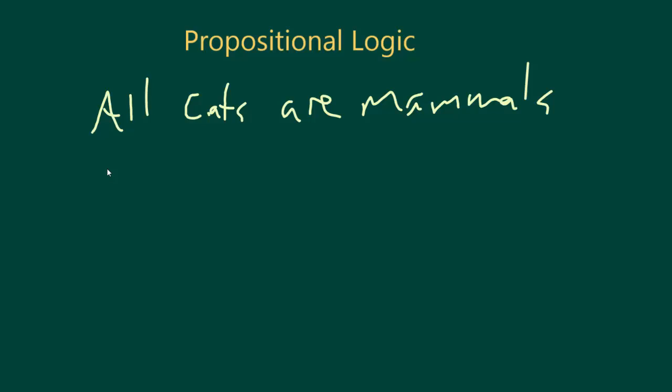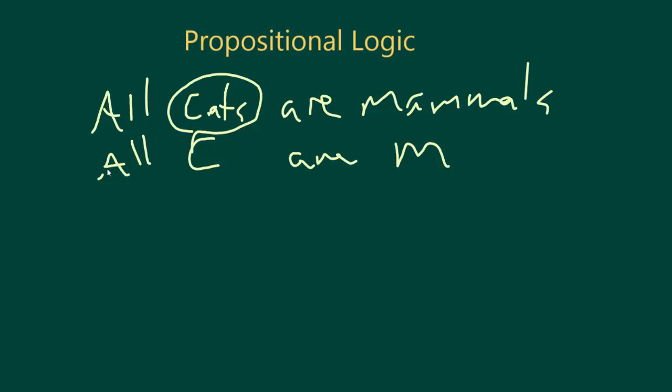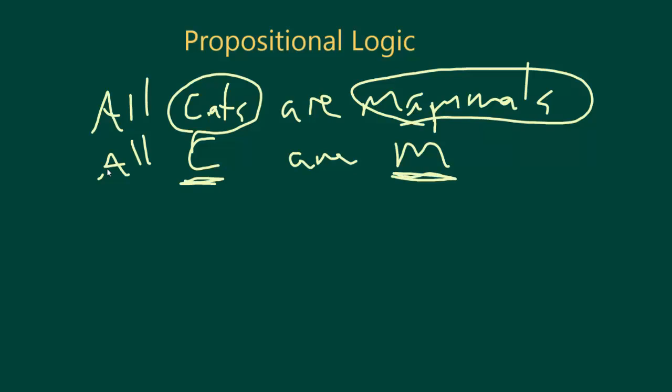Well, since we were interested in those categories, what we would do then is represent such a statement as something like all C are M, where C represents our subject term and M represents our predicate term. And we do that because in categorical logic, our focus is how these categories relate.